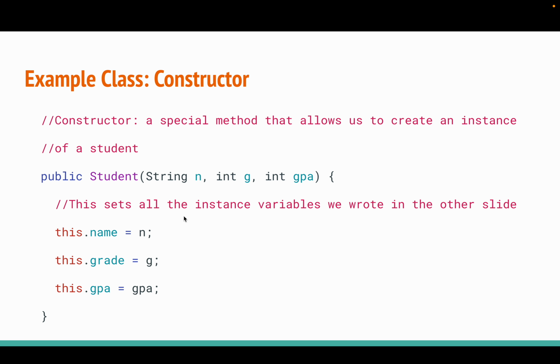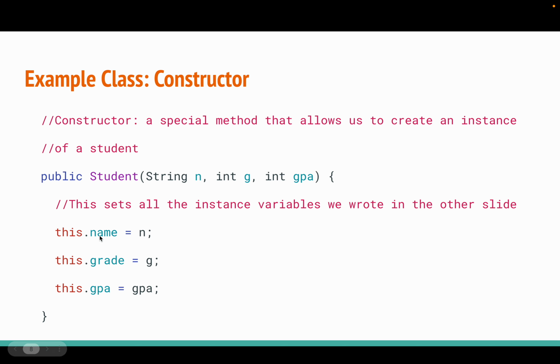Speaking of the constructor, right here you can see an example constructor method. We'll just say public student, and this is important: if it is a constructor, the name of the method will be the same as the name of the class. Then we're going to take in 3 parameters, and we'll talk about parameters a little more in a second: string n, int g, and int GPA.